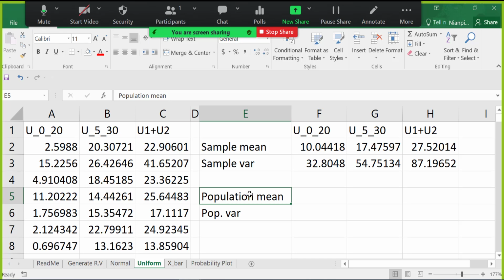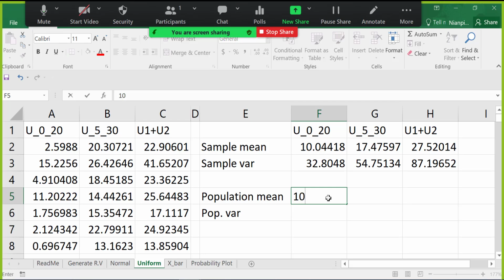So the population means just the whole distribution, right? So when we generate the first one, randomly between 0 and 20, where's the mean? Anyone? That's halfway, A plus B, right? So that's 10. Or you can see it equals A plus B divided by 2.